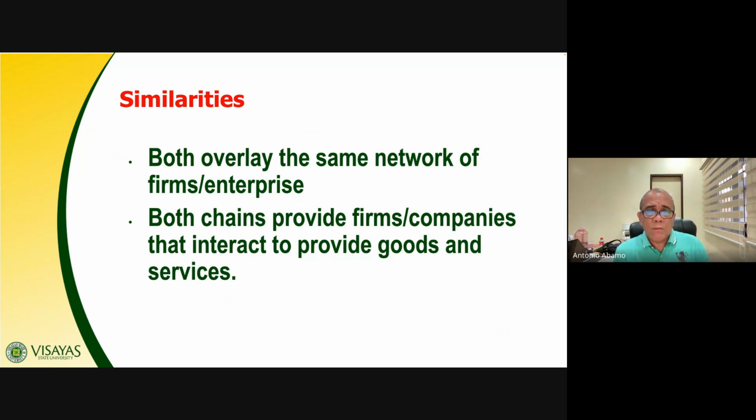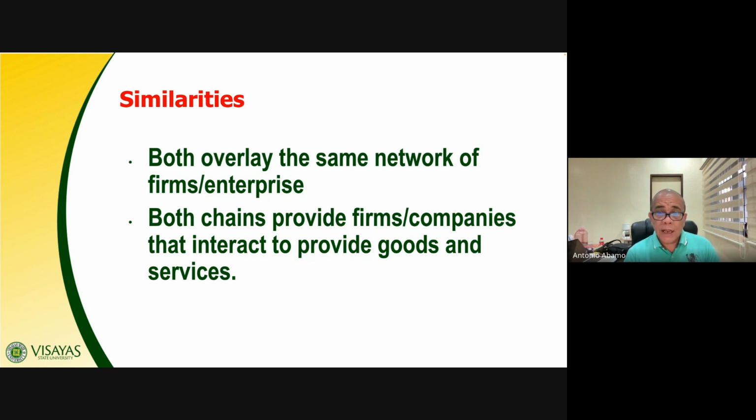First, whether it is value chain or supply chain, they both overlay the same network of firms. In one particular connection from production to market, there is both value chain and supply chain.